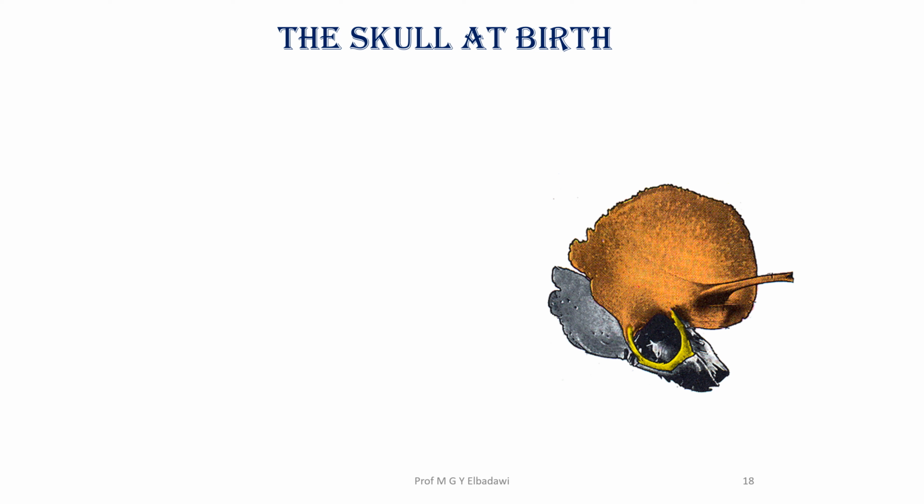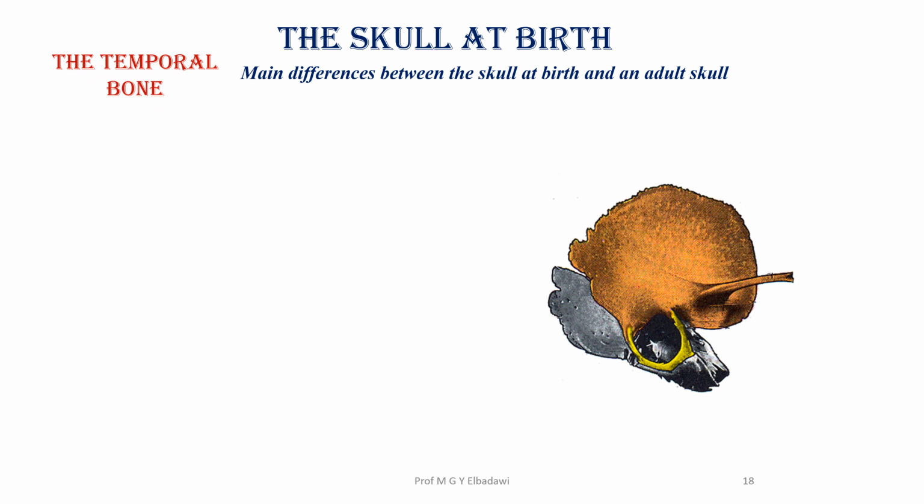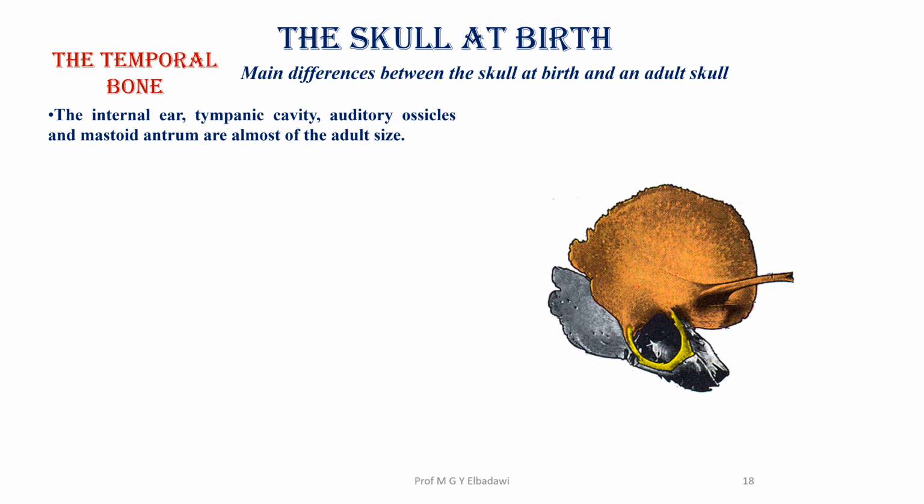The important bone which shows many differences from the adult bone is the temporal bone. Here in the temporal bone, the internal ear, the tympanic cavity, the auditory ossicles, and the mastoid antrum are almost of adult size, and these are the parts responsible for hearing.